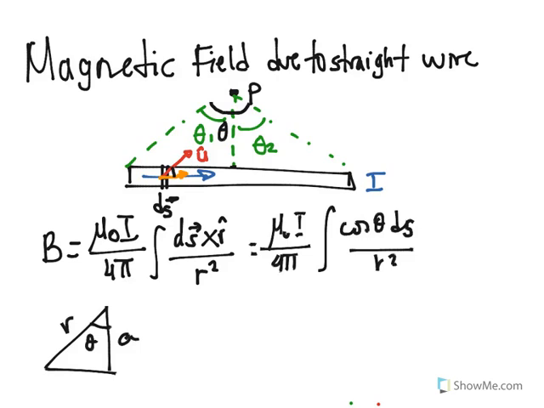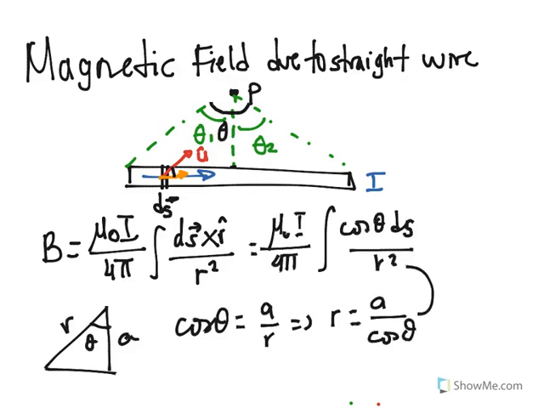In that sense, we can state that the cosine of theta is equal to a over r, or in other words, r equals a over the cosine of theta.